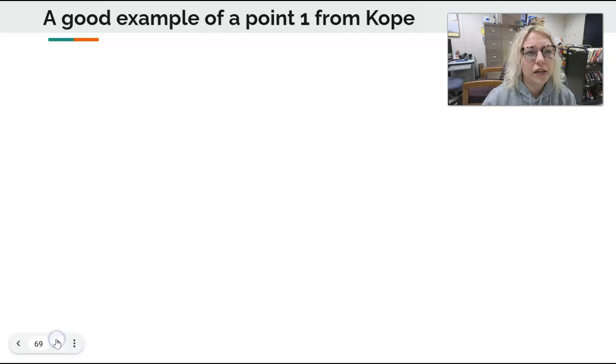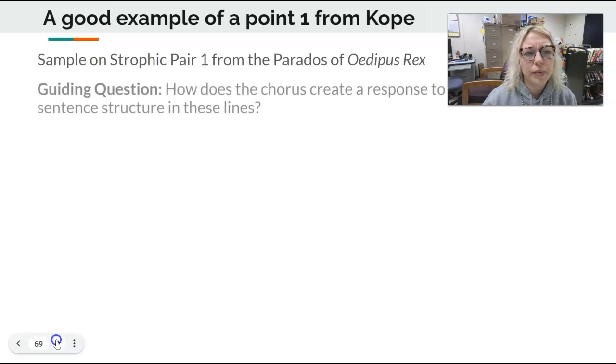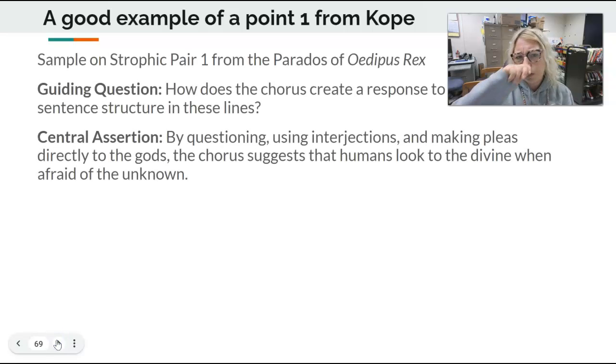Okay, here's mine. And you can see how I changed my thesis statement, my central assertion. I added 3 things now instead of 2. By questioning, using interjections, and making pleas directly to the gods, the chorus suggests that humans look to the divine when afraid of the unknown.